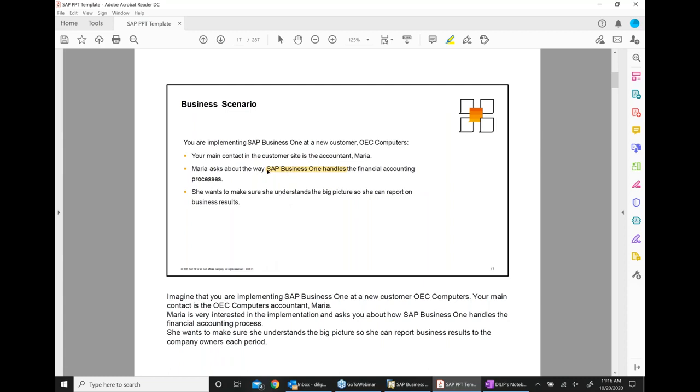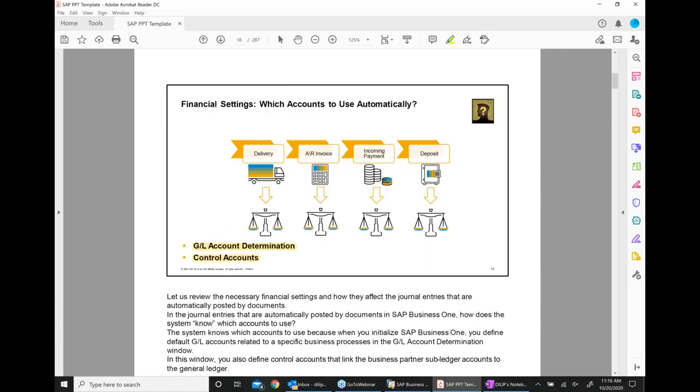So how does SAP Business One handle the financial accounting processes? Here there is something called which account to use automatically.